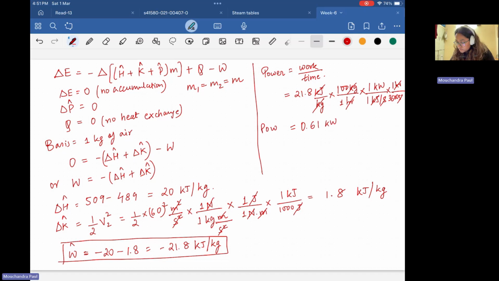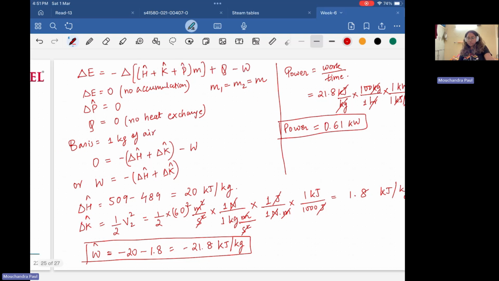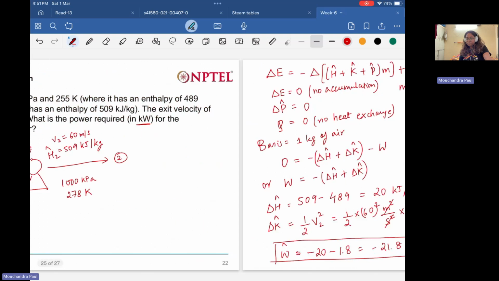That is the power. So in this way, you can use the definition of the equation for energy balance for open system to solve this kind of a problem.